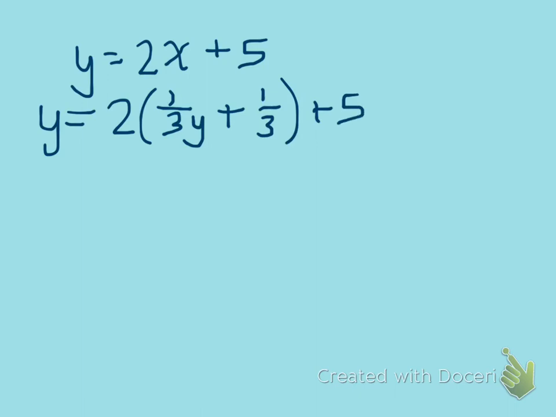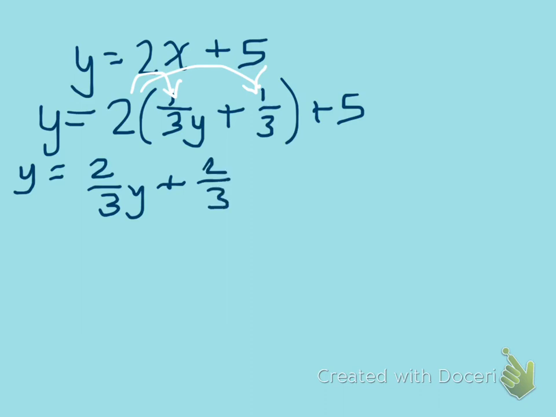Okay, now because the 2 is hugging the parentheses, that tells me that I need to distribute to both of these. And 2 times 1/3 is 2/3 y plus 2 times 1/3, which is also 2/3, plus 5.